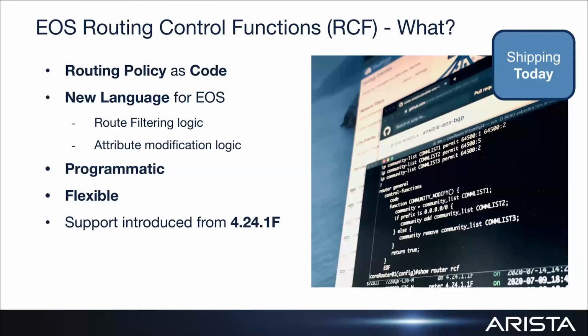With this, we've effectively designed a new language that you can program with EOS. Within that language, you can have a much more flexible, much more granular routing policy. For example, the sort of things you typically do with routing policy, such as route filtering and routing attribute modification, you can do within this new language with a lot more flexibility.